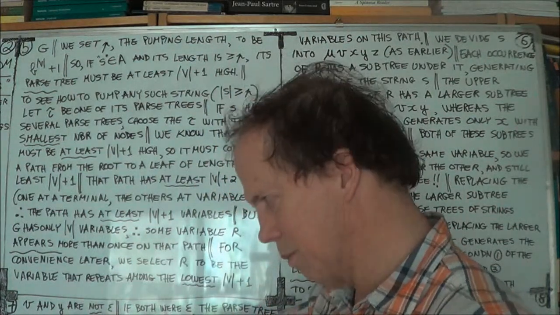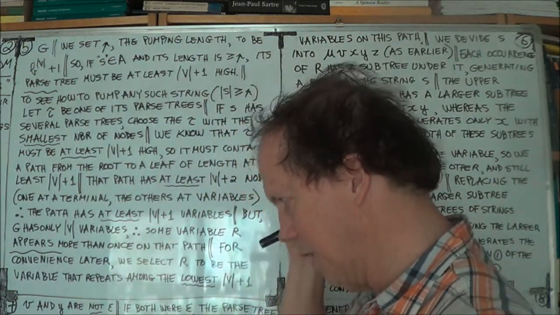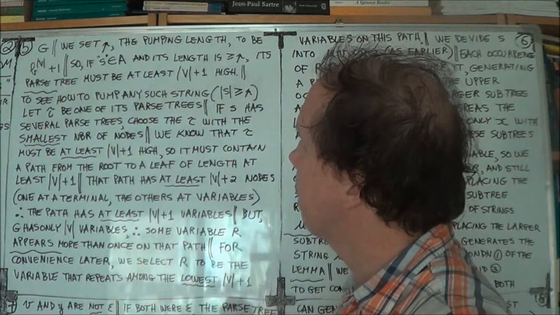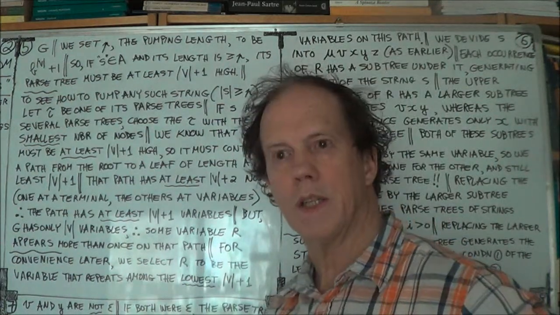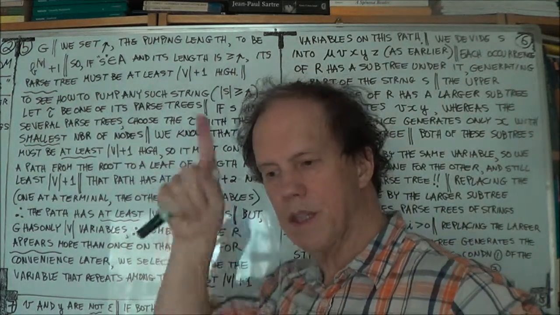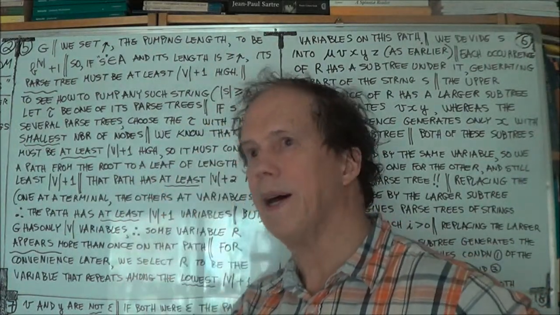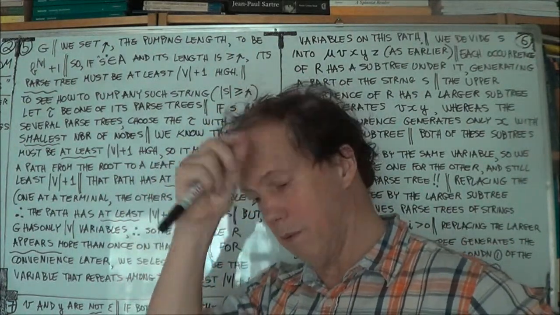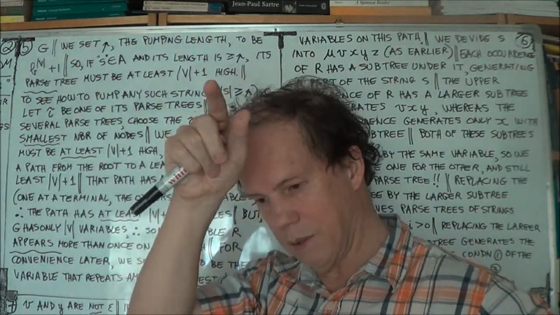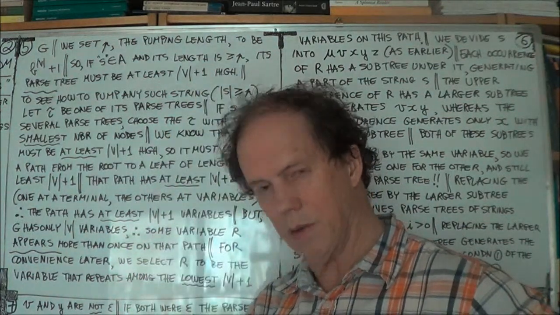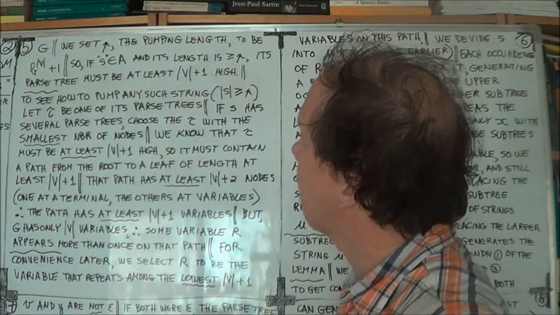So what is h? That's the number of steps in your parse path. It's the number of steps in the path, going from the root node, the starting symbol, to your terminal symbol.